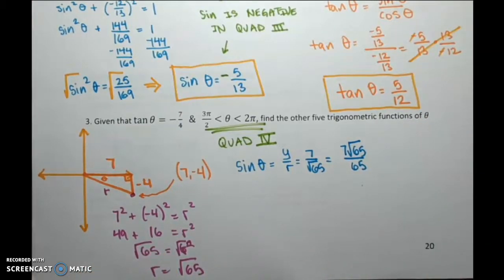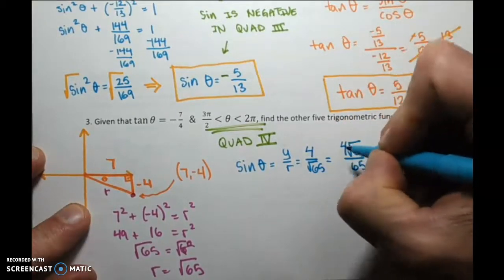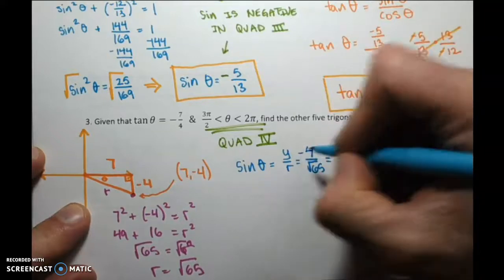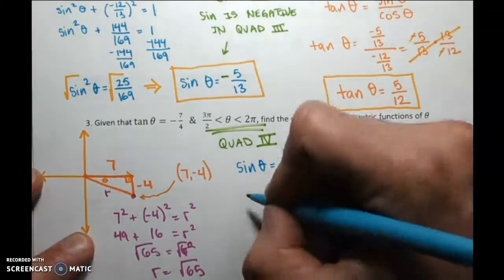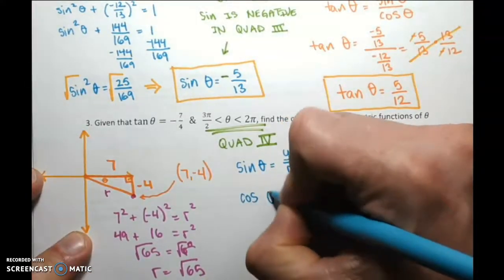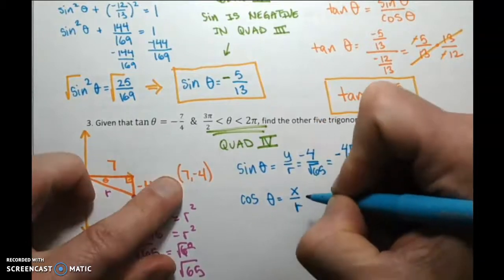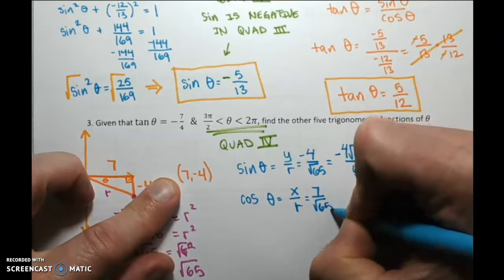I put x there. Should be y. And it would be negative. Sorry about that. Cosine theta equals x over r, and now that's 7 over root 65.